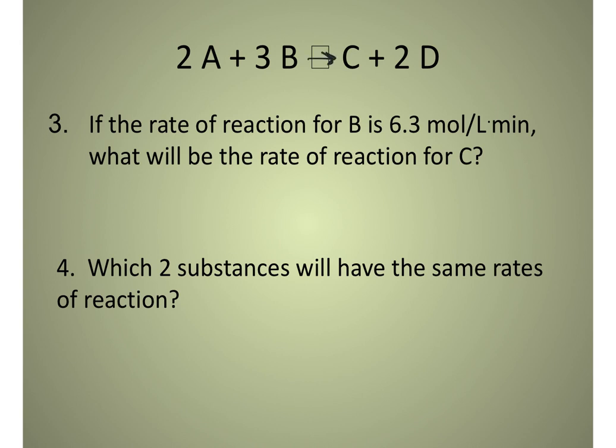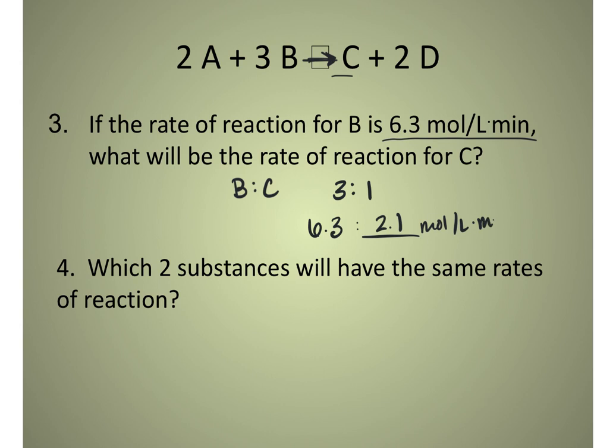If the reaction rate of B is 6.3 moles per liter per minute, what will be the rate of C? We compare B to C, it's a 3-to-1 ratio. So if B is 6.3, what would that be equivalent to? A third of it, we divide it by 3, it would be 2.1 moles per liter per minute.